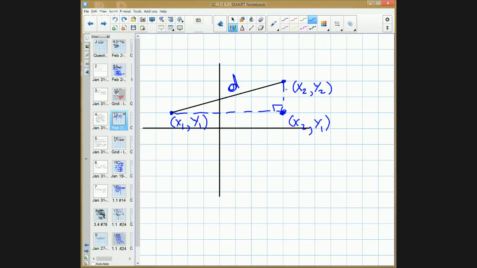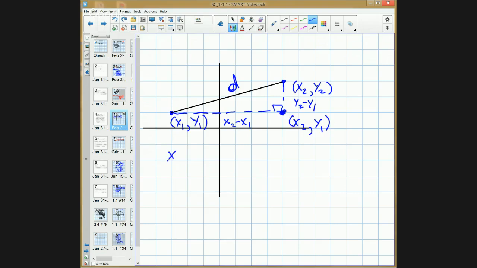Okay, so what's the length of this little leg over here on the right? Well, it goes from y2 to y1, so it's just y2 minus y1. That's the length of that leg. And this leg goes from x1 to x2, so this is just x2 minus x1. Okay, now let's do the Pythagorean theorem.